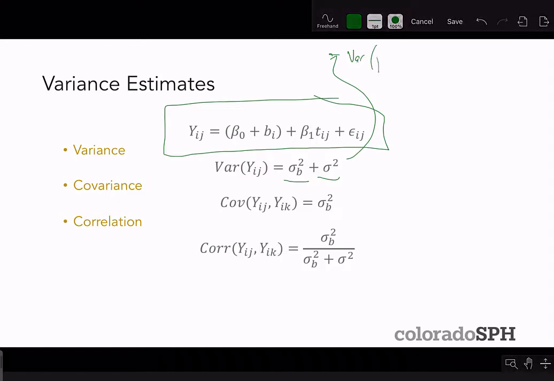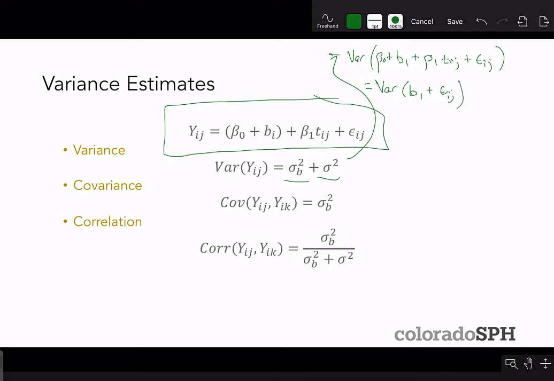variance of beta 0 plus beta 1 Tij plus bi plus epsilon ij, which is equal to the variance of bi plus epsilon ij.